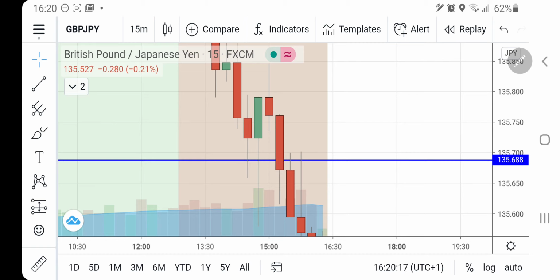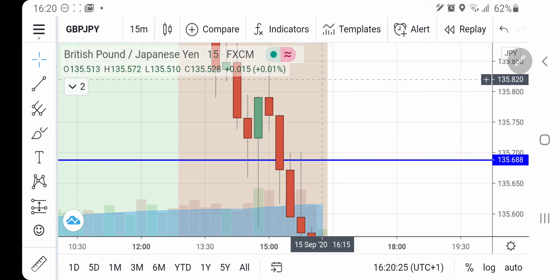So after this I'm not trying anymore. Oh no, I did another try. Wow, amazing. This one I entered here, got break even. The second one of this trade I entered here, got break even.